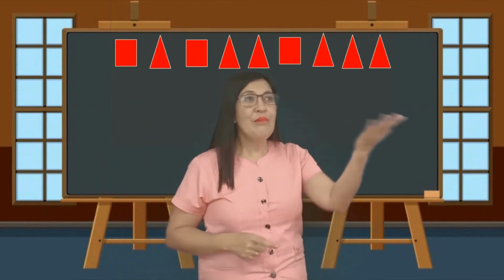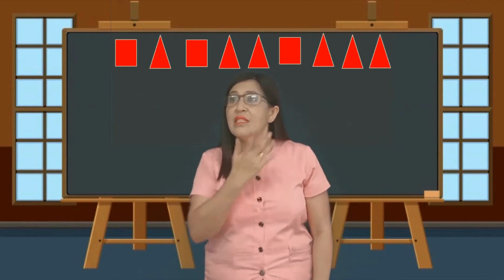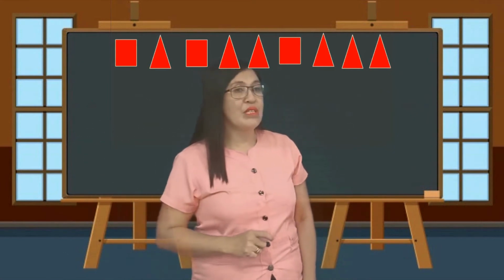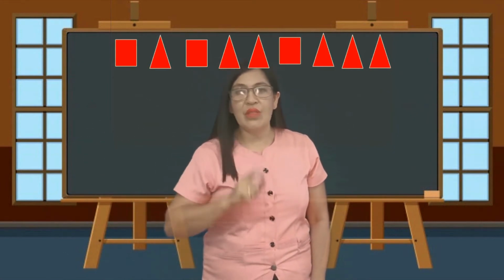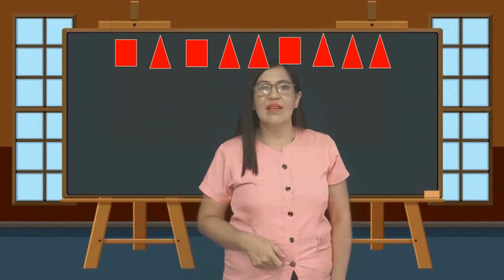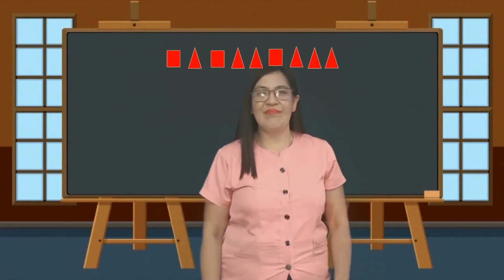Second, the number of squares is constant at 1, while the number of triangles is increasing by 1. Looking at how the figures are arranged, what do you think will be the next figures? The answer is 4 triangles.